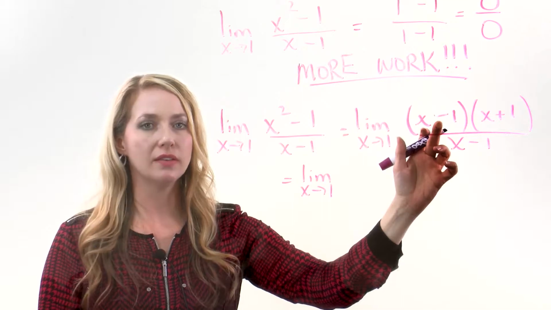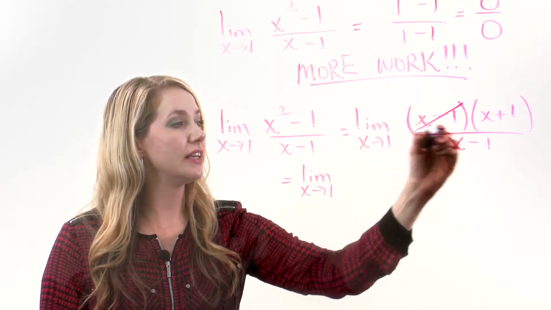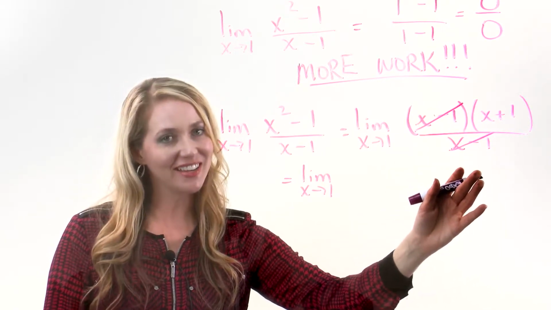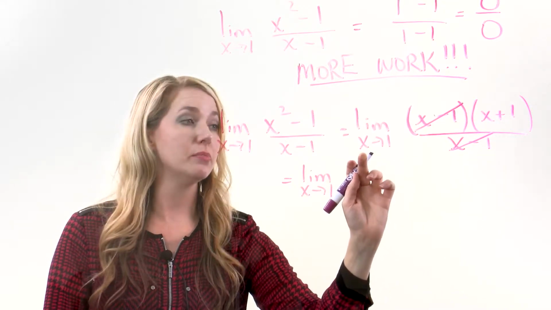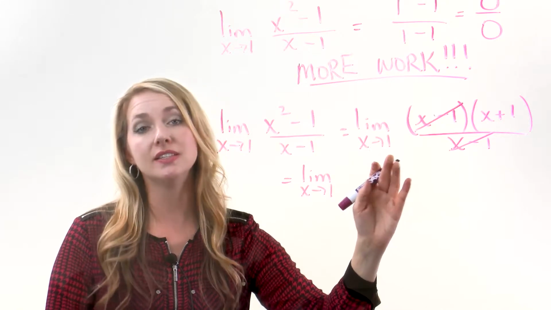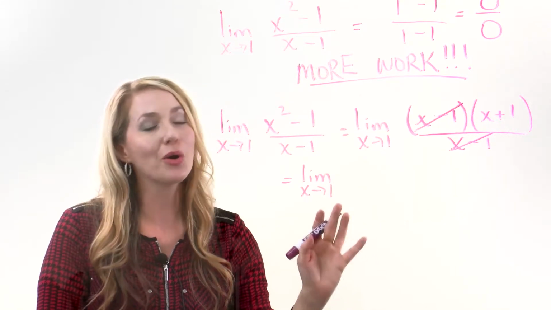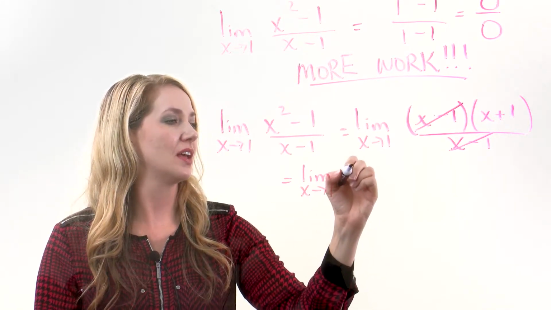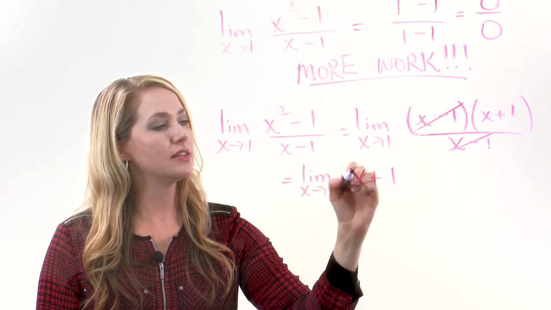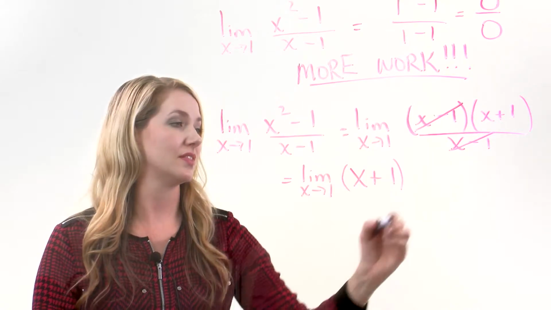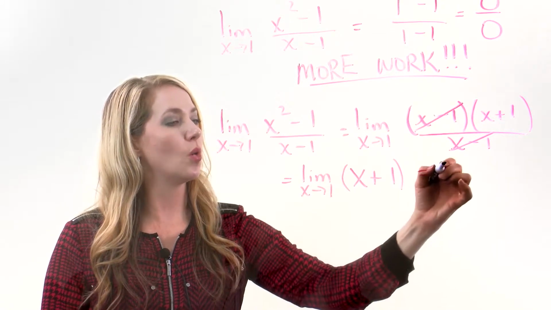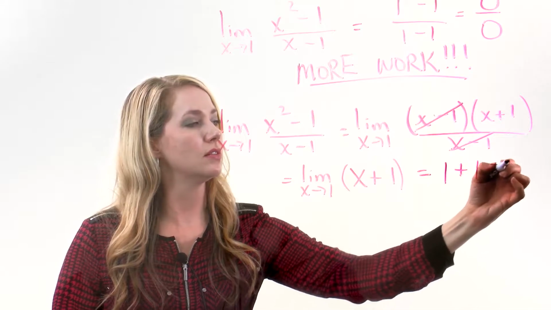The x minus 1 divides evenly into the x minus 1 as long as x does not equal 1. x doesn't equal 1 because x is approaching 1. It is getting very close to 1, but never quite making it there. So now I can look at the limit as x approaches 1 of the function x plus 1. And that equals 1 plus 1, which is 2.